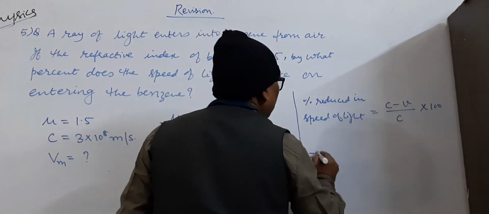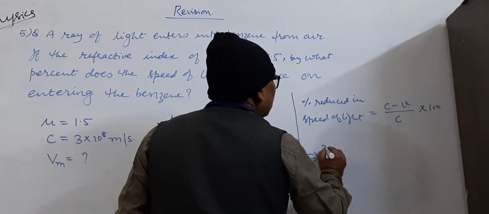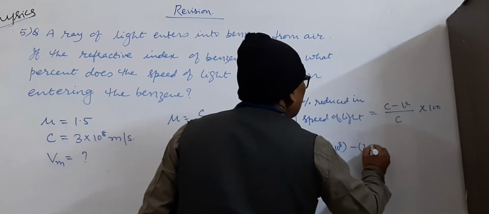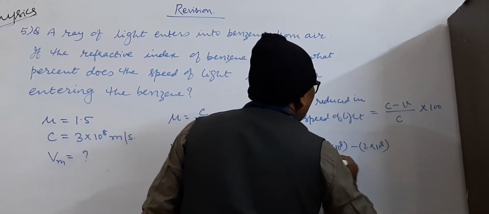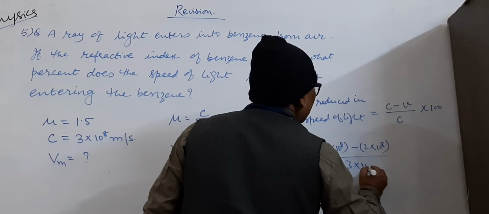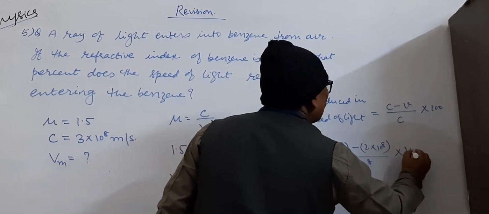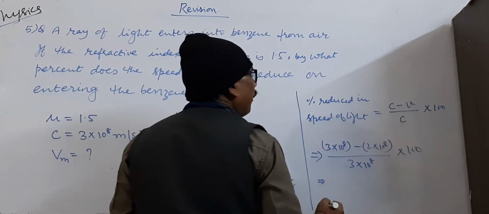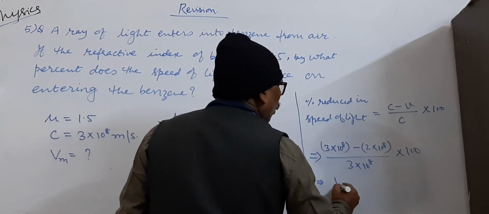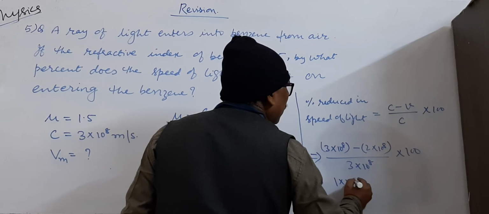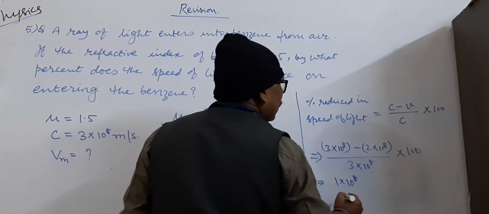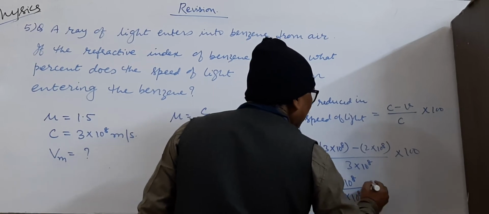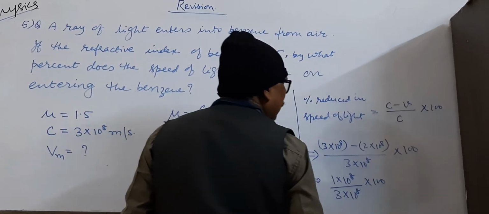I'm writing here: 3 into 10 to the power 8 minus 2 into 10 to the power 8 upon 3 into 10 to the power 8 into 100. When you subtract, how much will this be? 1 into 10 to the power 8 upon 3 into 10 to the power 8 into 100.